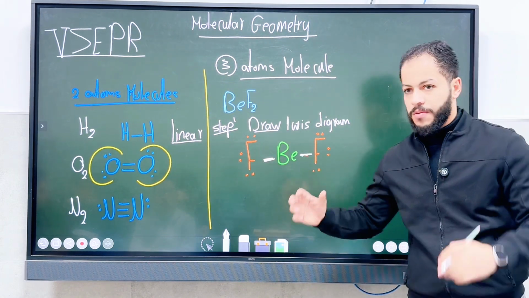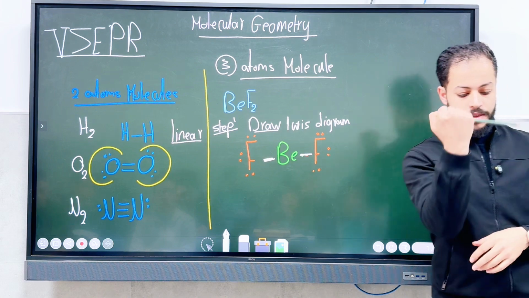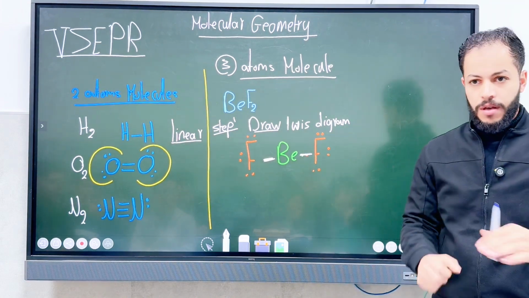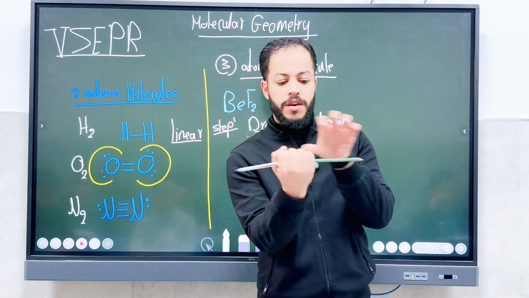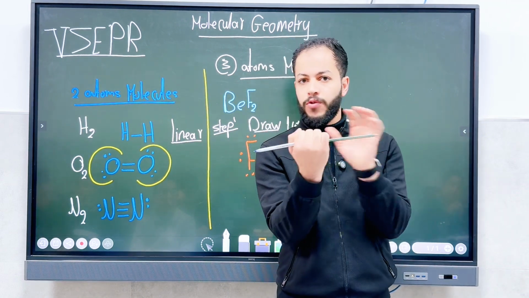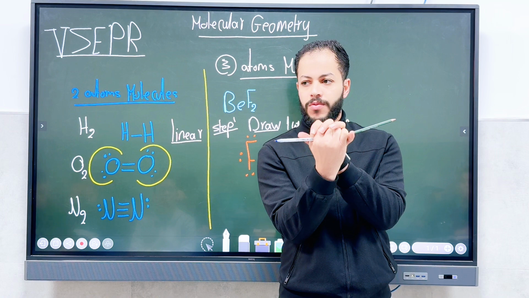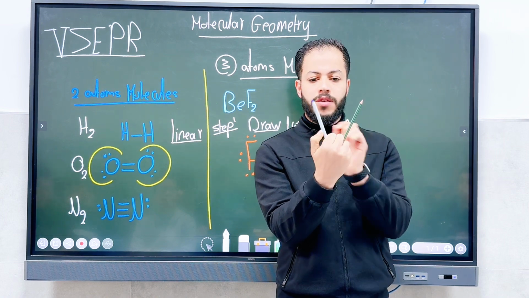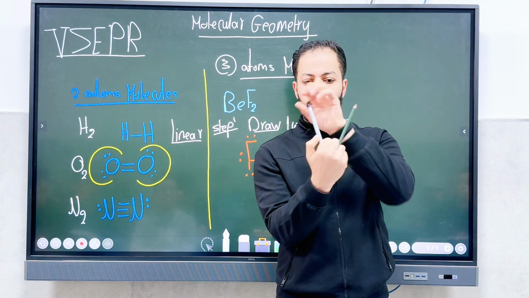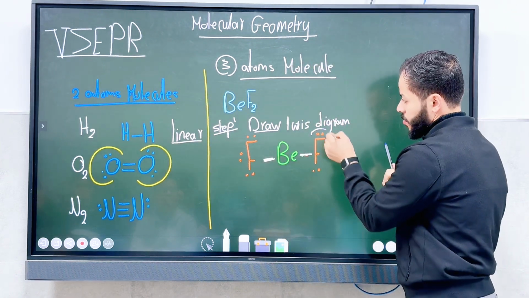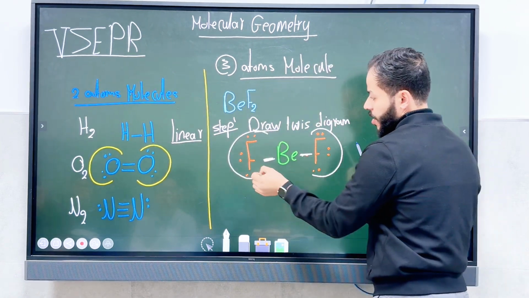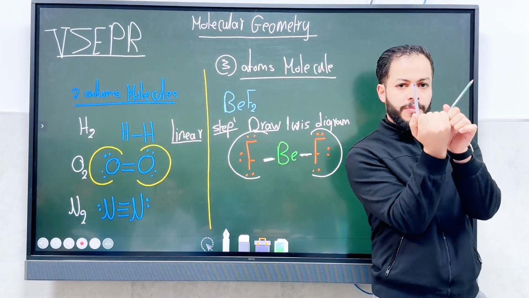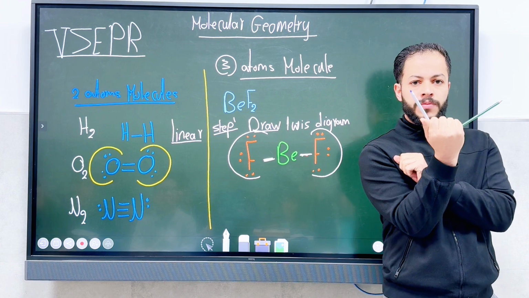As you see, if my hand is the central atom, give me another pencil, guys, or a pen. And these are the 2 things, or the 2 electron domains, of the 2 fluorine atoms. So the atoms will come closer like this to each other. If we suppose that they come closer like this, what happens to the fluorine atoms? We name these 2 things, or 2 electron domains, or the electron cloud, according to the valence shell electron pair repulsion.